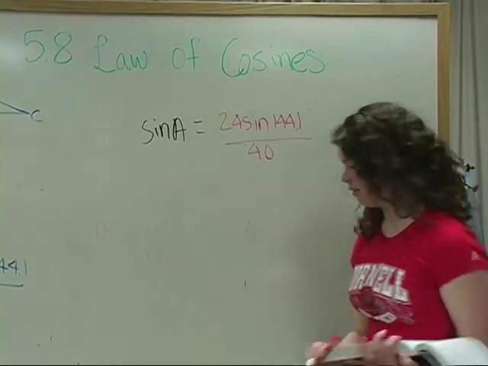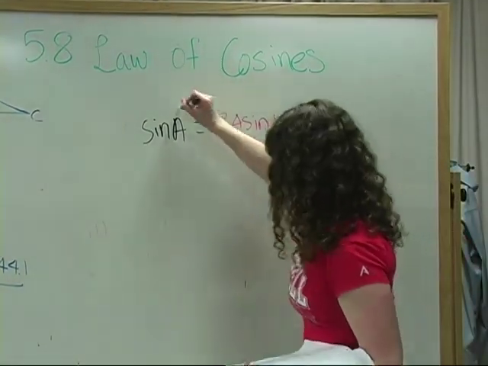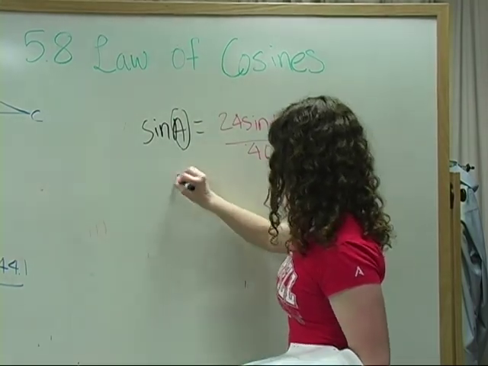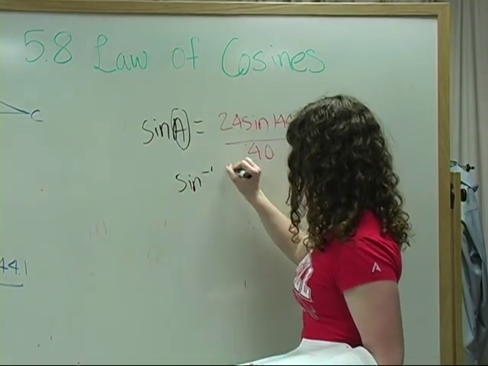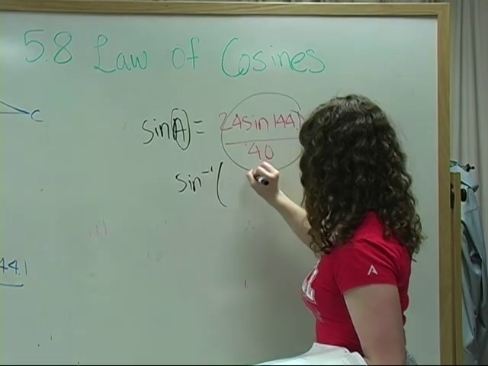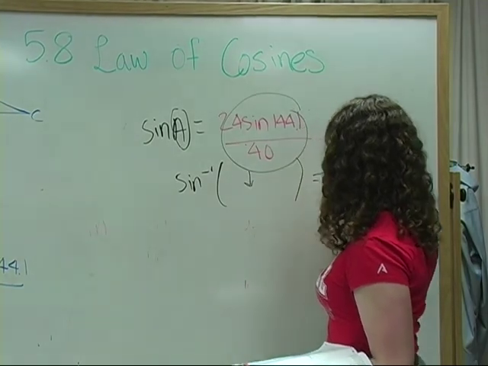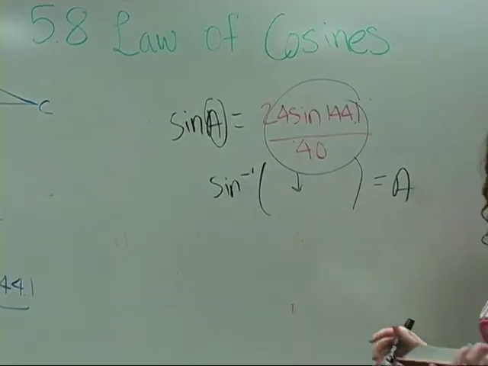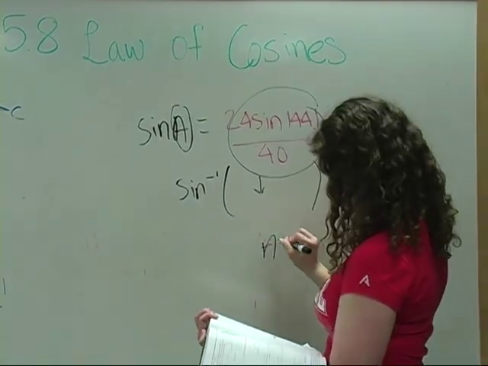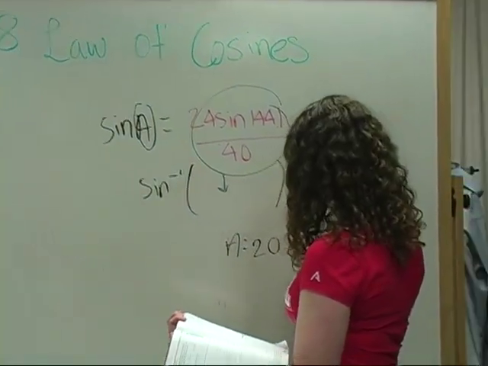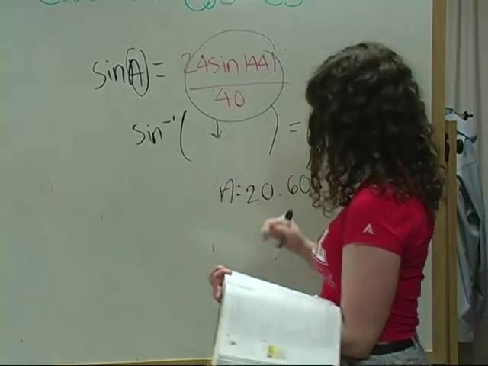And we use our arc sine to find the measure of angle A. So sine -1 of this entire number equals A. And A turns out to be 20.60 degrees.